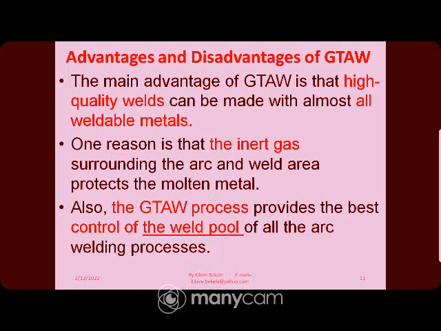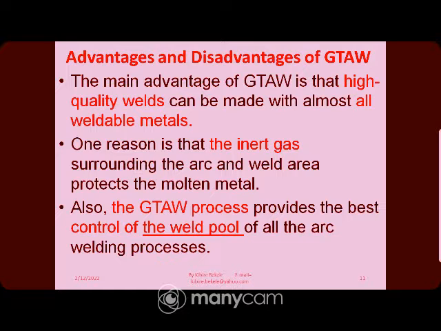It can join any type of metal with quality products. One reason it can produce this quality welding is that the inert gas surrounding the arc in the welding area protects the molten metal. The inert gas can completely shield the welding area. This is one reason why this process can produce quality joints.